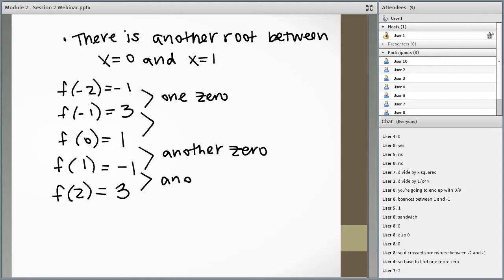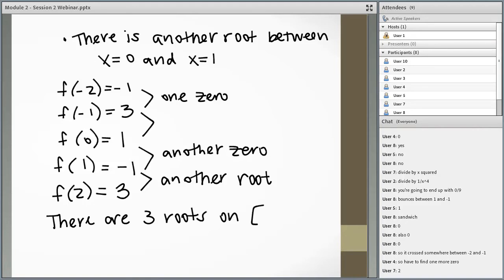Which means I get the third 0, or root. So we can conclude that there are 3 zeros, or roots. So this function had to cross the x-axis 3 different times.